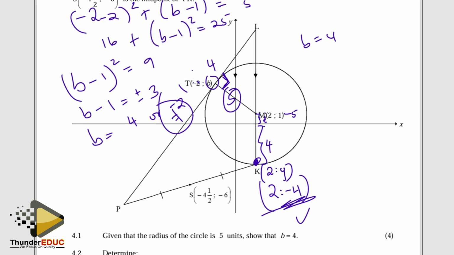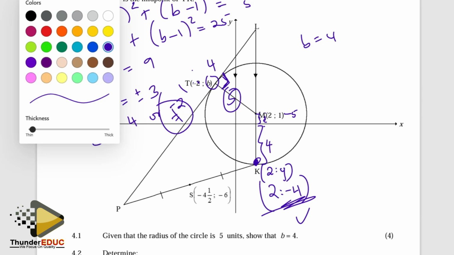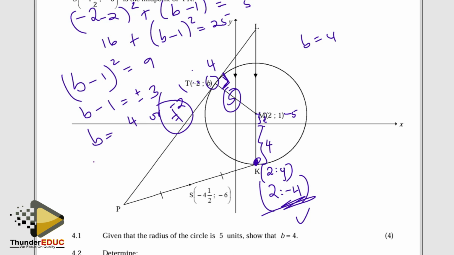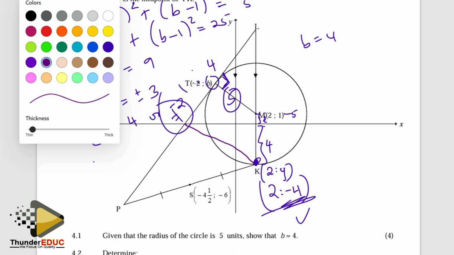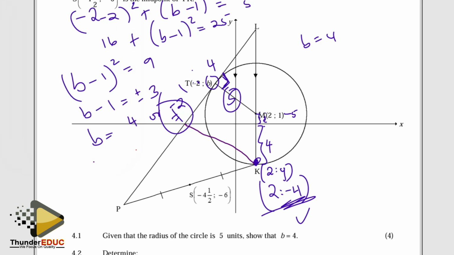Okay, so what I'm going to do, if I break this into 2 shapes, let me just break it into 2 and see. If I draw a line from here up to there, that was a wrong choice of color.